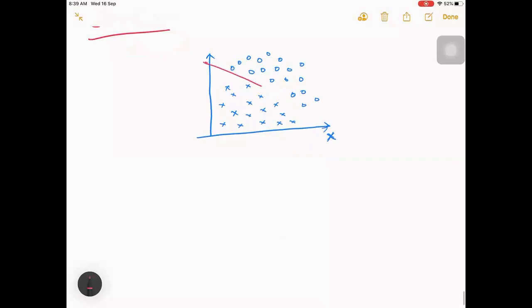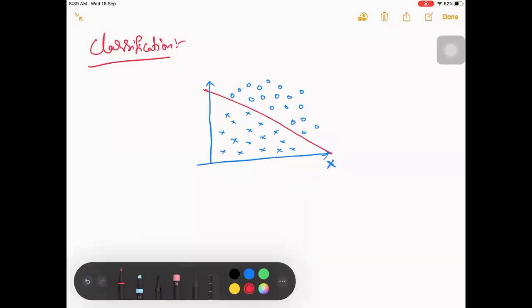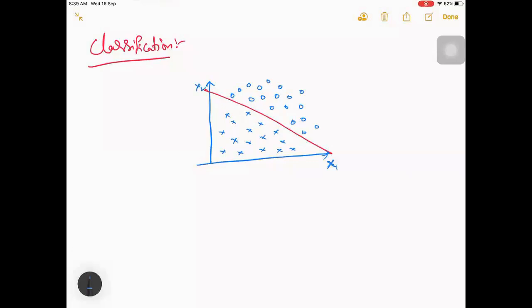Can we separate these two by some kind of a line, so that for a new person, let me put it like x1 and x2, we are plotting between two variables here.